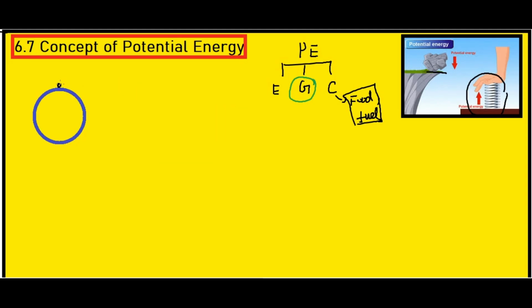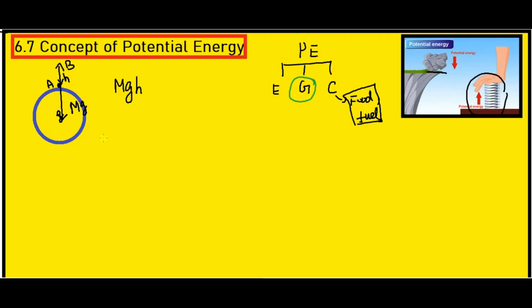We are going to take this object A from the surface of the earth to a height h, and it reaches the point B. The amount of work done at the height h can also be written as mgh.